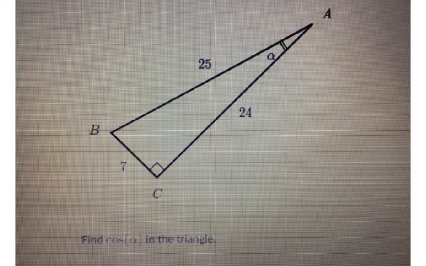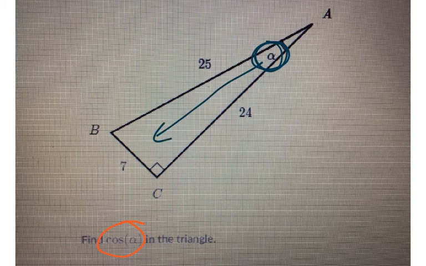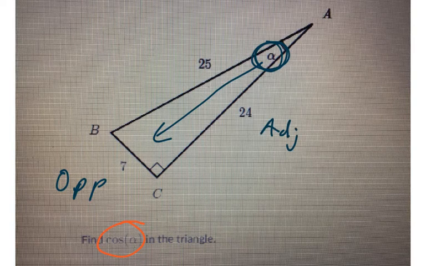Let's do one more, and we'll call it quits on this, hopefully. So they want the cosine of alpha. So step one, let's find our angle. Boom, there's alpha. Step two, label our sides. Notice 7 is opposite. Notice the 24 is adjacent. Notice the 25 is the hypotenuse, the longest side.